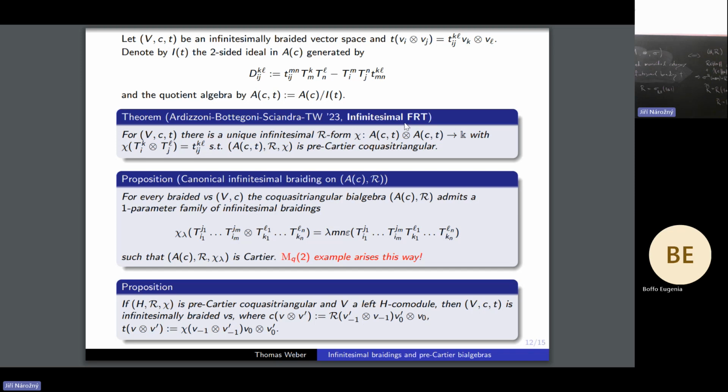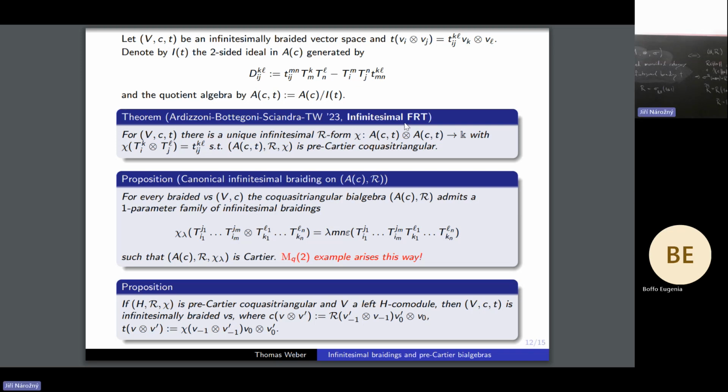You take the double quotient, and what we showed is, first of all, you get a bialgebra. Secondly, your R form descends to this double quotient, so you still have a co-quasi-triangular bialgebra. And furthermore, you have a chi given by the small t's. So yeah, this is the theorem: given an infinitesimal braided vector space, you get a pre-Cartier co-quasi-triangular bialgebra.